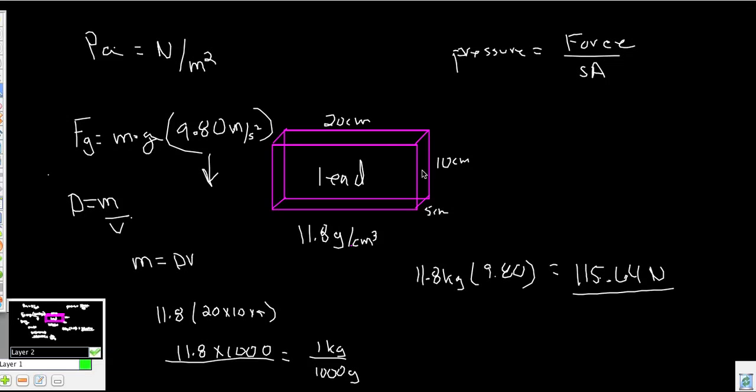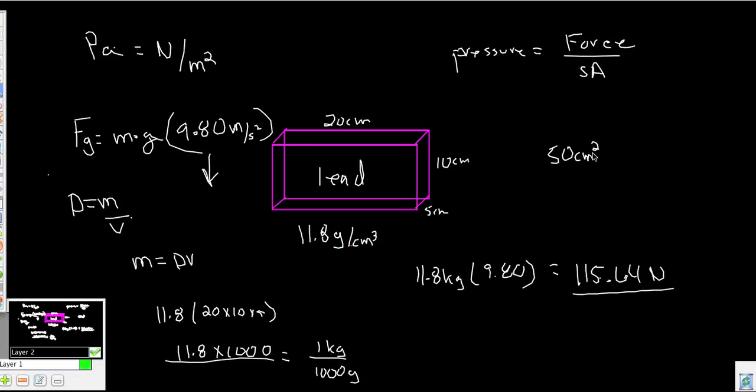So we have centimeters. So we have 50 square centimeters. And we want to convert this to meters, because remember, a pascal is a newton per square meter. So in order to get this into pascals, we need to convert this to meters.